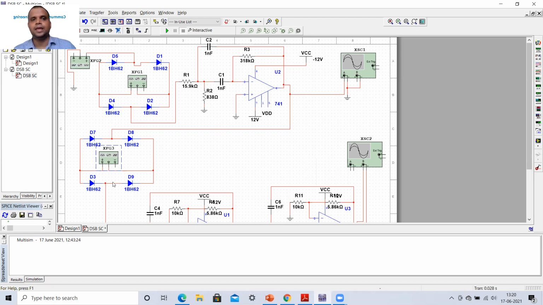If both are the same, then only we will be able to extract the message signal exactly. Otherwise, if we are using a different carrier, there may be a chance that there will be a quadrature null effect and the message signal can be completely lost.